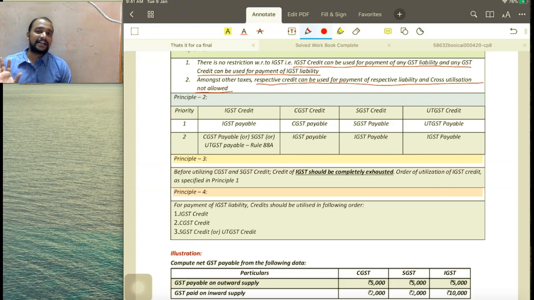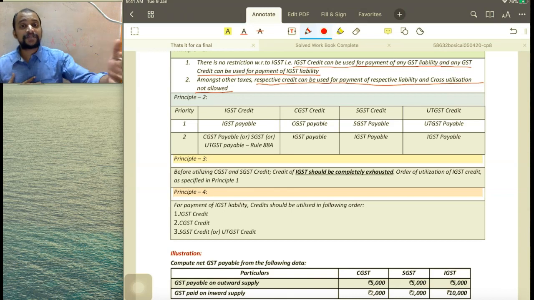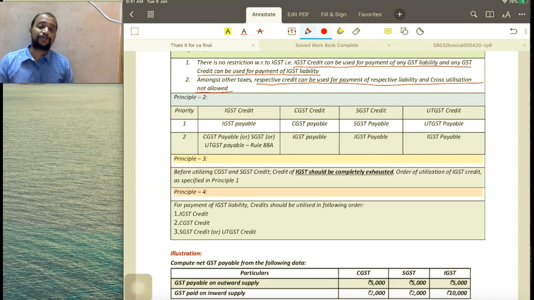This is rule 88A, which says that in any manner, in any proportion I can use it: 50% for CGST, SGST, or I can use it fully for CGST, or fully first for SGST, or I can give 80-20. So it's up to me. I can distribute that credit and I can enjoy that.